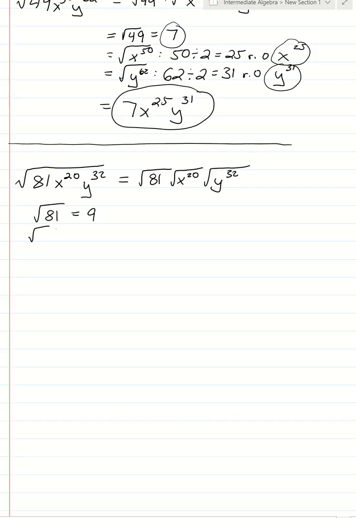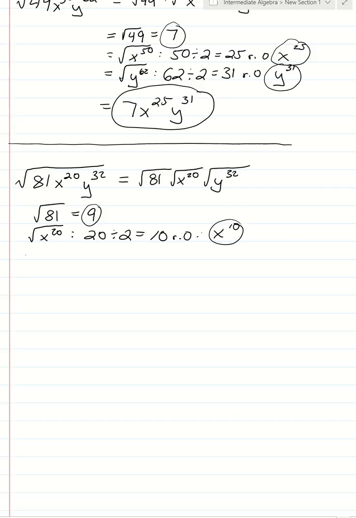When we take the square root of x to the 20th, remember, we take the exponent and divide by the root index 2. 20 divided by 2 gives us 10, remainder 0. So we have x to the 10th power as our answer.